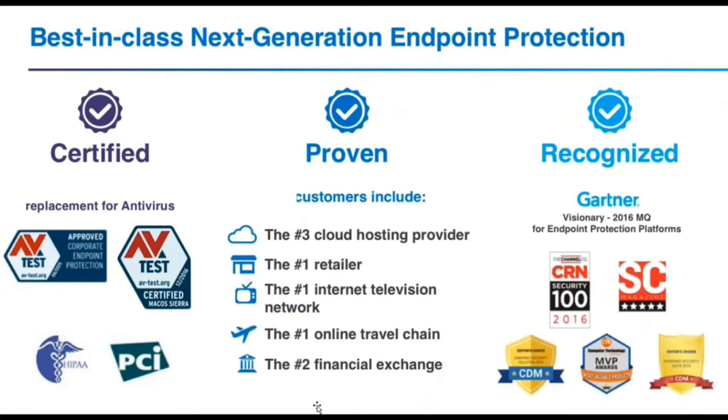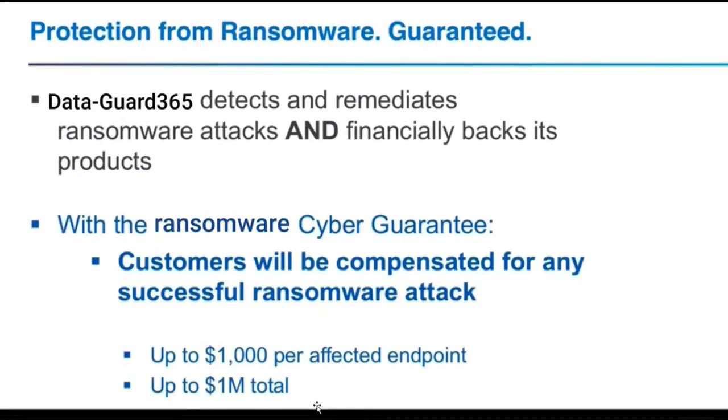So recognizing this, we are thrilled that SentinelOne provides a cyber insurance guarantee of up to $1,000 per affected endpoint, up to a total of $1 million. And that is for any affected endpoint if we're not able to return a customer system to a working state. That is a confident platform provider, to be sure.